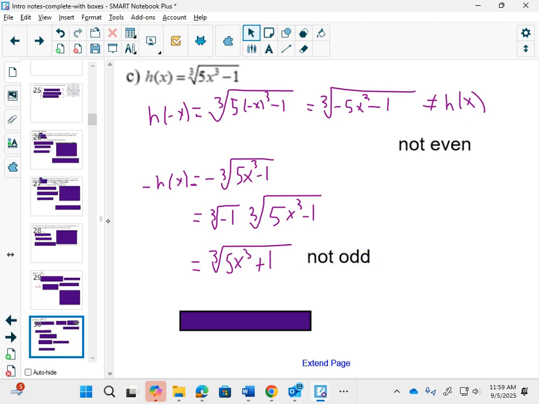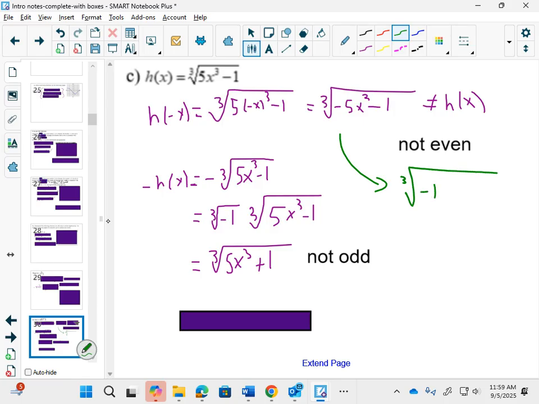I could also, and I'll show you here, I could have also played with this one by factoring out the negative 1.